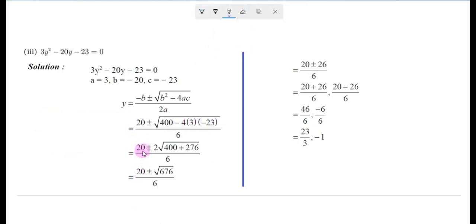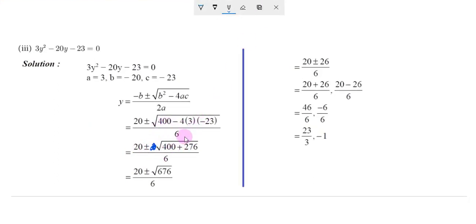Now that is equal to 20 plus or minus, here 2 we won't take. Okay, so 20 plus or minus root of 400. Okay, root of 400 minus into minus plus. So plus 4 3s are 12. 12 into 23, this is 276. Understood? So root of 400 plus 276.